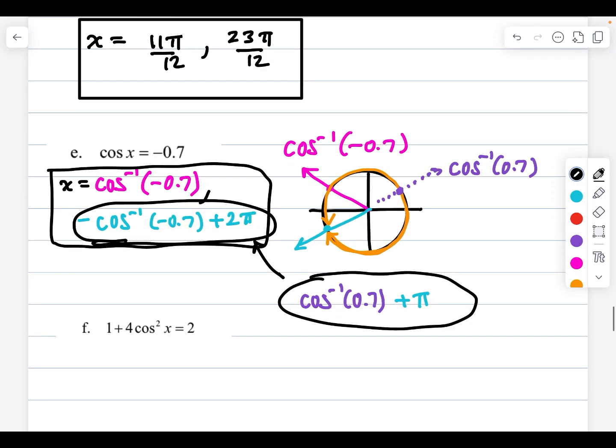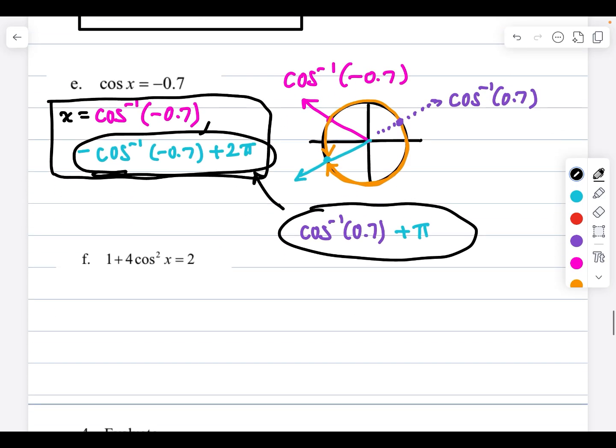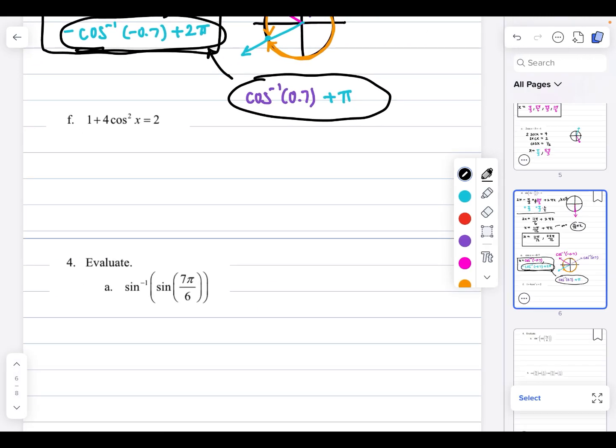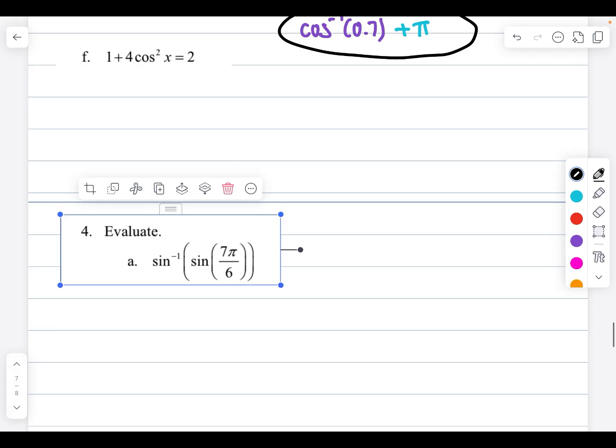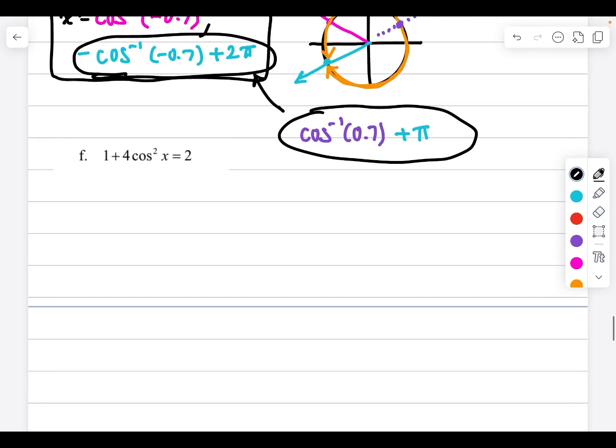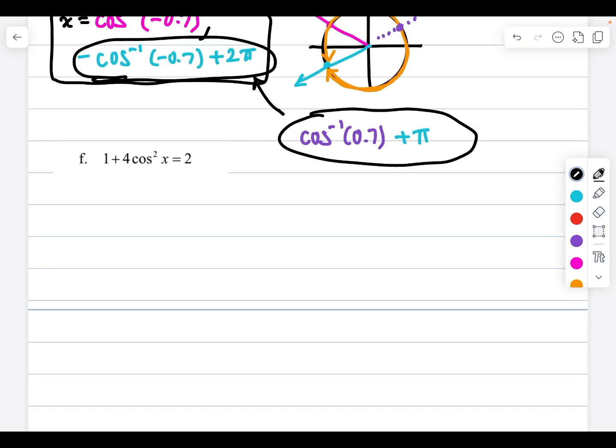So instead of this answer that I circled, students will do arc cosine of 0.7 plus pi to end up where that blue angle is between 0 and 2 pi. It's your choice. Okay, so there's only 2 answers to this problem, but you have a couple options on how to write that second answer. Alrighty.